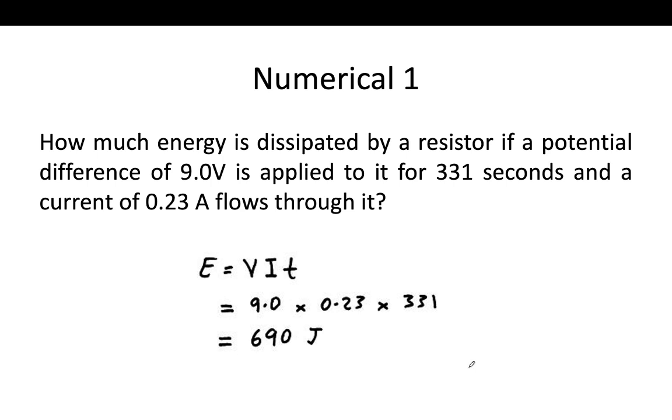So we will put the values of potential difference, that is 9.0, current in amperes is 0.23, and seconds is 331. So the energy dissipated by a resistor, where the potential difference is 9 volt, applied for 331 seconds while the current was 0.23 ampere, is 690 joule.